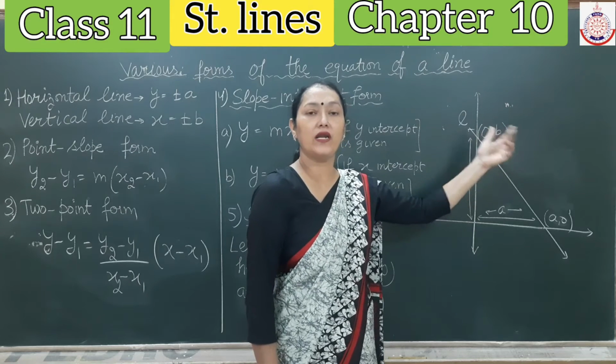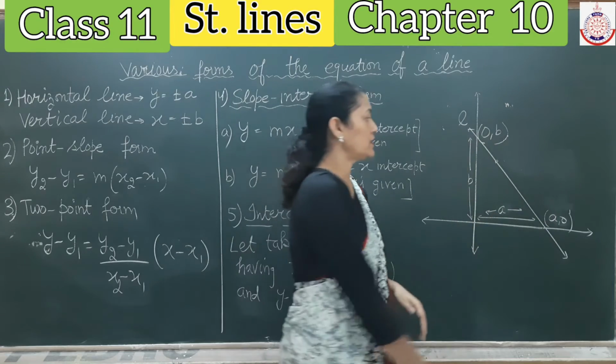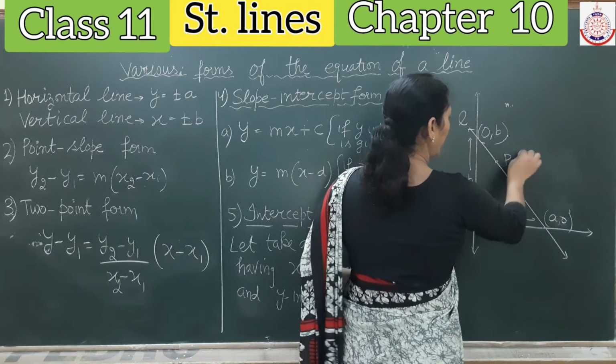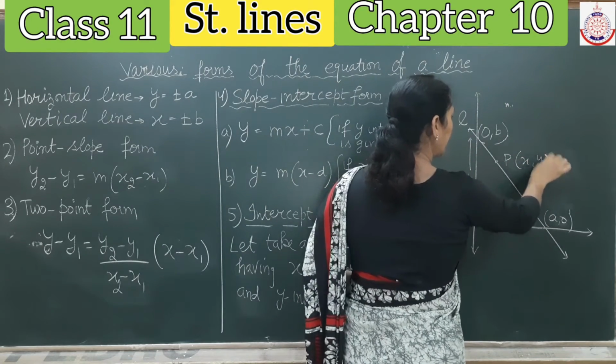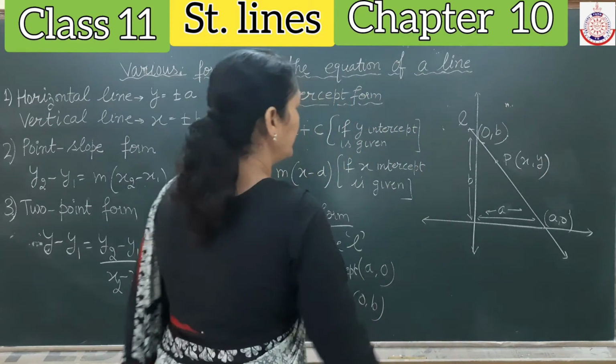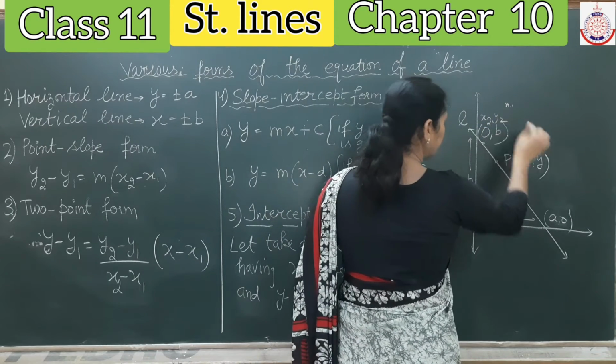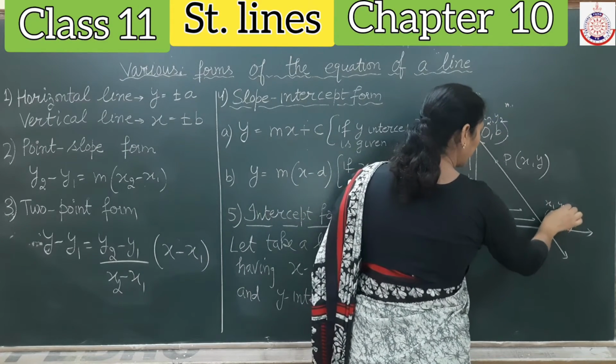That means ultimately what we have got? We have got 2-point form. Suppose we take any other point P having x and y on the same line. Then using 2-point form, this will be (x2, y2), this will be (x1, y1).